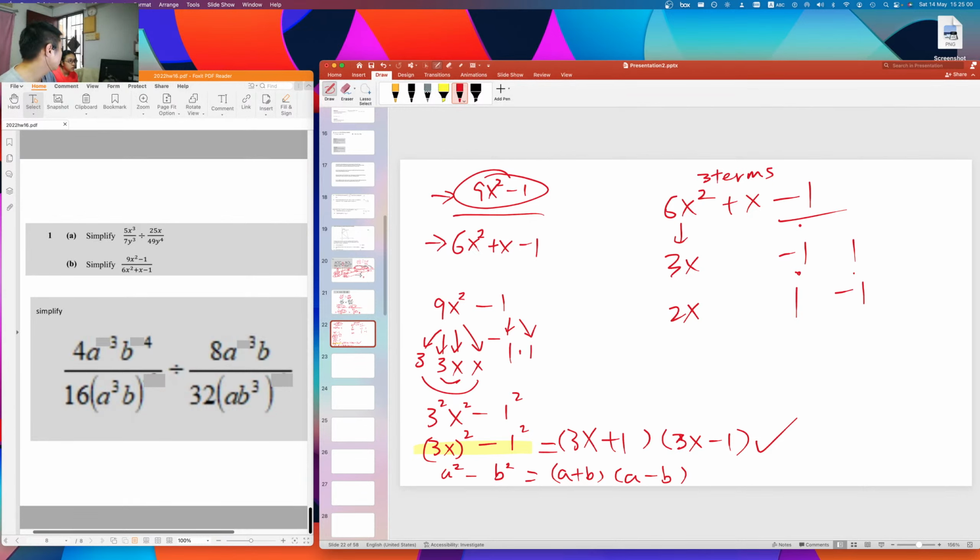So I test the first one first. If I test this one without any sign, it is plus. So I test this one first. How do I test? Can you continue from here? Open the bracket. Show me.